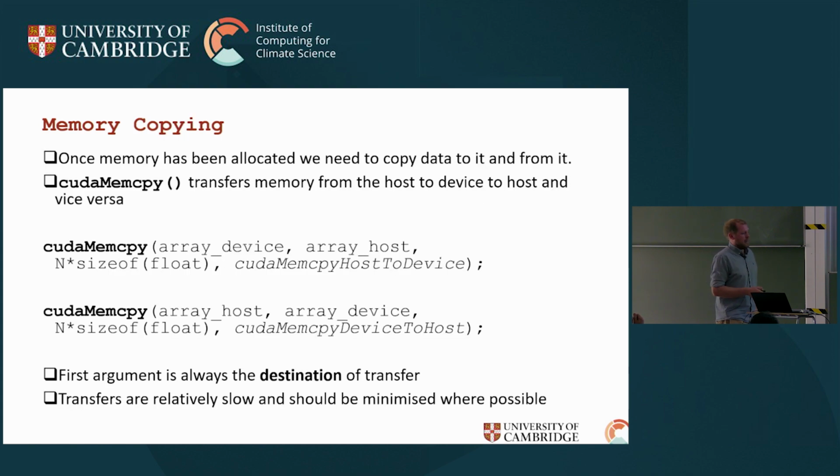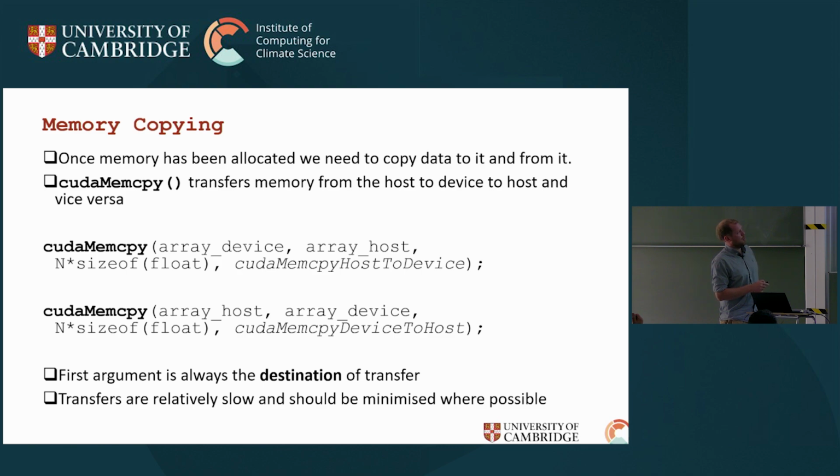Similarly, if we allocate memory on the device, we need to be able to assign values to the memory on the device. So the way that you would typically do that is by replicating the array or the piece of memory that you would like to have on the device. You'd replicate it in host code, and then you do exactly CUDA memcopy, where you would specify always the destination first.